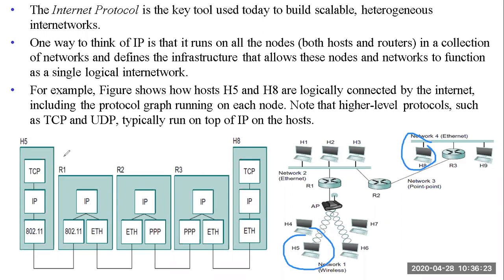Ethernet data is converted at R1, and R1 converts it again to PPP, that is the point-to-point network. At R2 the conversion of packets happens, and from R2 to R3, from PPP to Ethernet, it is converted again, and finally the packet is converted back to Ethernet. This was the scenario we saw yesterday.